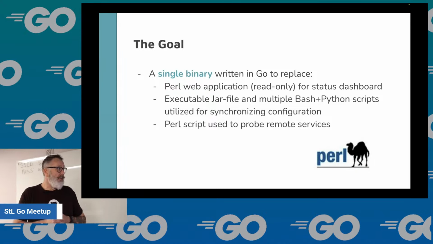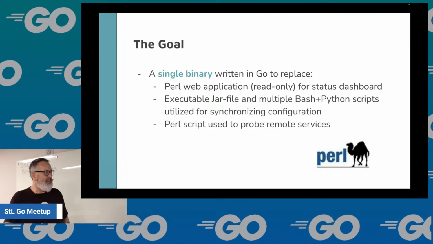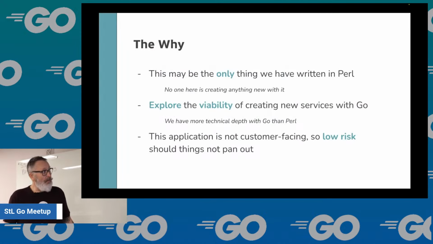It was also going to control those probes, and handle some synchronization things that we run via cron, to make sure we have all the same things mapped together from other systems. That was the goal.